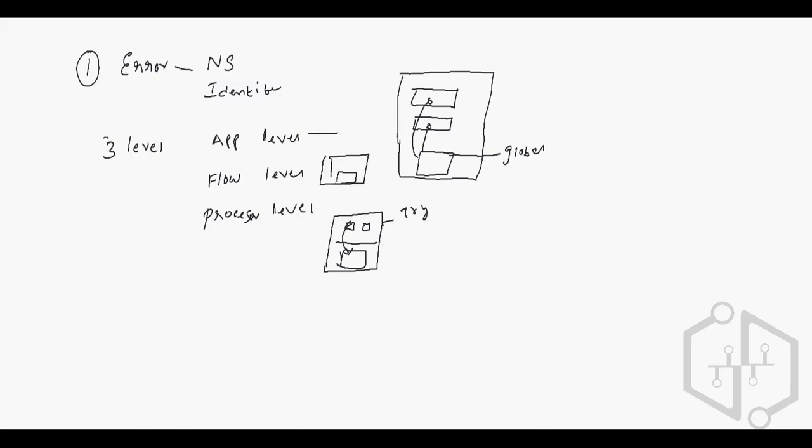But I forgot, how do you define the errors in application level? Sure, I'll show you right now. One moment. When you drag the listener, that is a flow level, isn't it? Yes, the flow level. But how do you do it in application level?